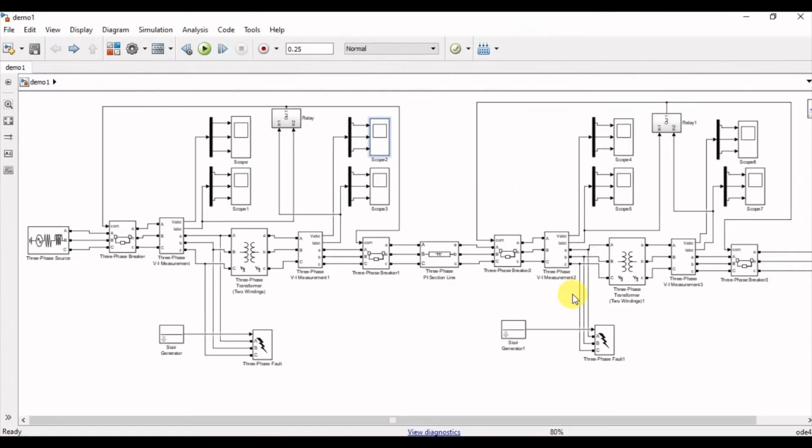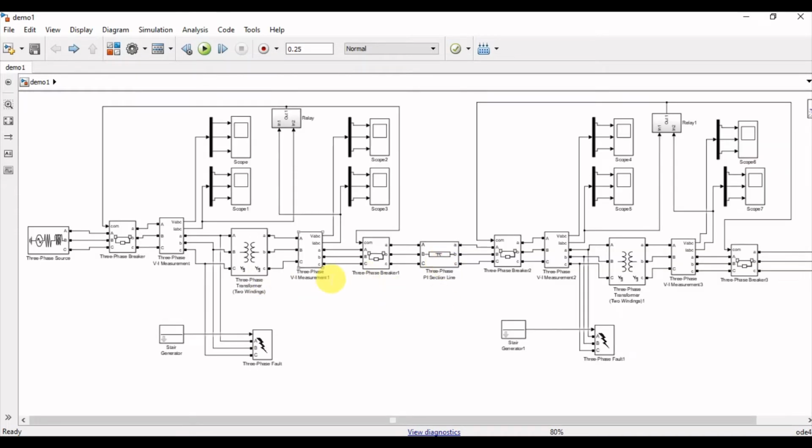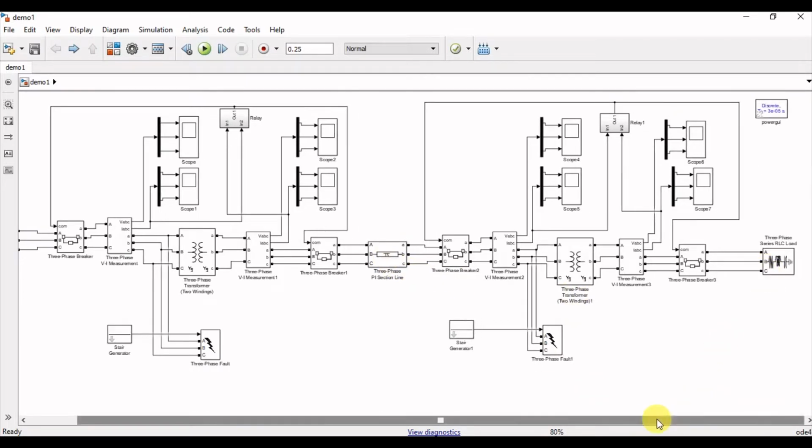So this is my complete protection scheme for the current power system. As you can see, I am having a generator, two transformers, transmission line and then finally a load.